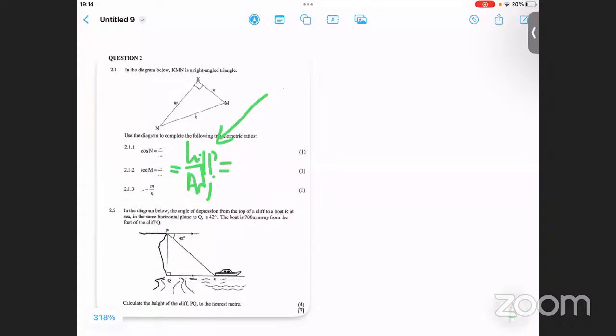But now, is it done there? No, sir. The hypotenuse is K, sir. Then you say K over, how do you say this again?